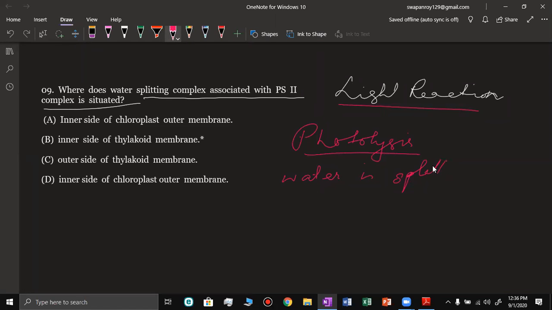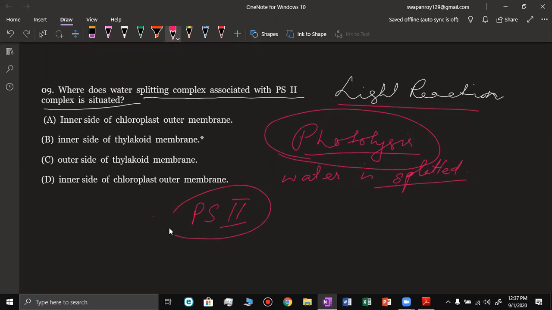This water is splitted, okay, and this water splitting or the photolysis of the water is associated with the PS2 system.